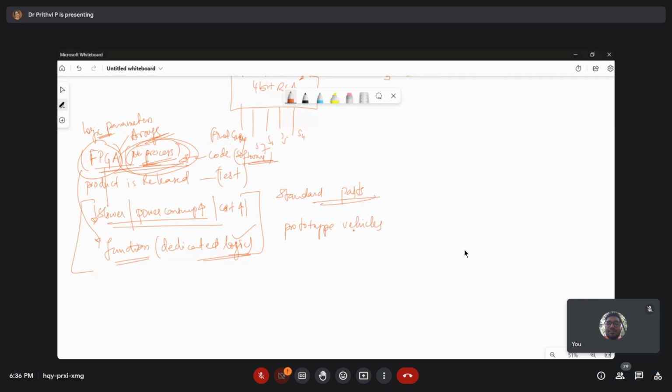FPGAs are prototype vehicles that can also be used in the final product. Directly after testing, you can put it out as an end product without many variations in the design, because once you are satisfied with the result, you won't need to make many changes or corrections. You can directly dump it as an IC or hardware released into the market.